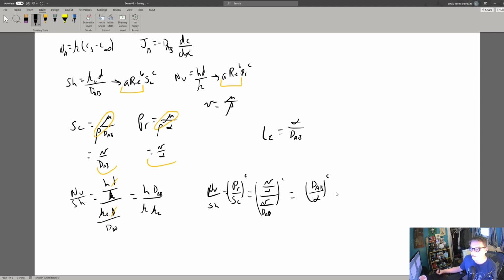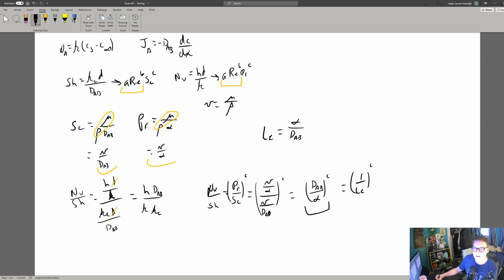So we can see that this is equal to the reciprocal of the Lewis number. So we can show that it is just equal to 1 over the Lewis number raised to the power c.